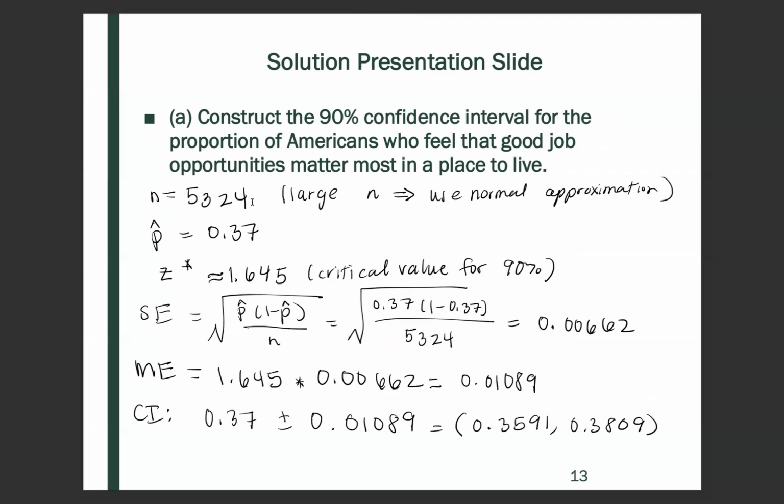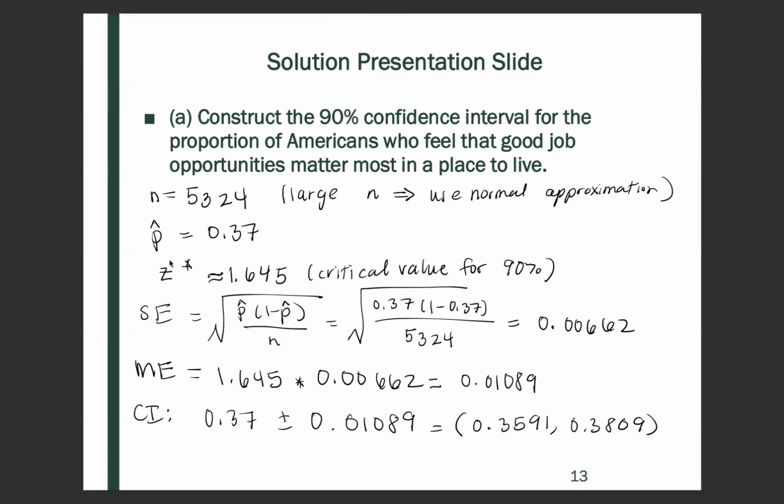5,324. This here is a large sample, so we can use normal approximation, meaning we'll use our z-star value, a critical value from the normal distribution. And so the critical value for a normal distribution for 90% confidence level is going to be 1.645. That's given in the problem there, our confidence level.